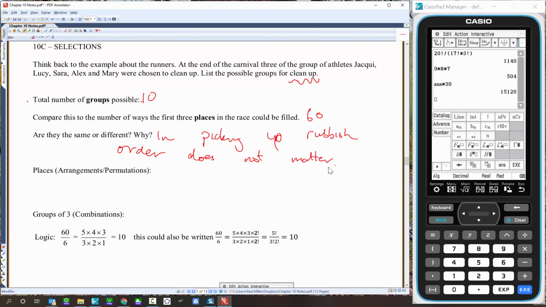Like if your mate was bragging to you, hey, Mr. Miller picked me first to pick up rubbish, you'd be like, well, doesn't matter who got picked. We just got picked for grabbing rubbish.